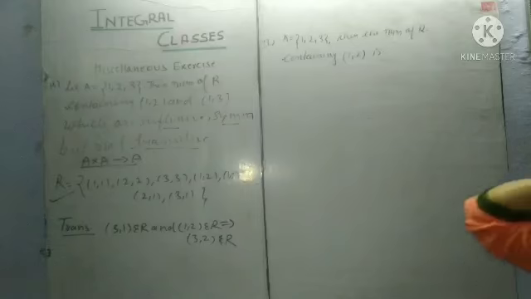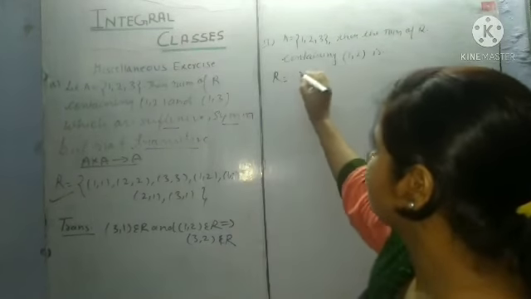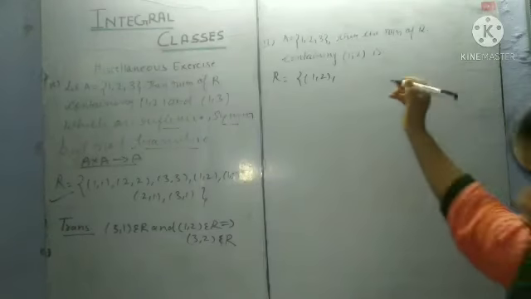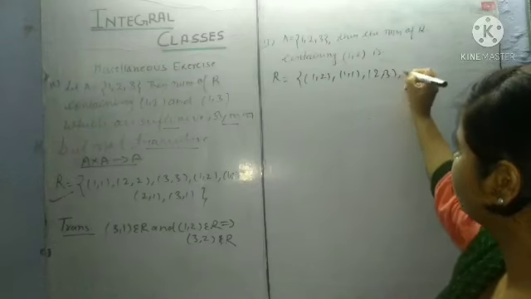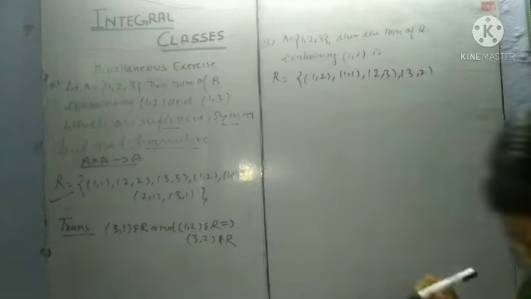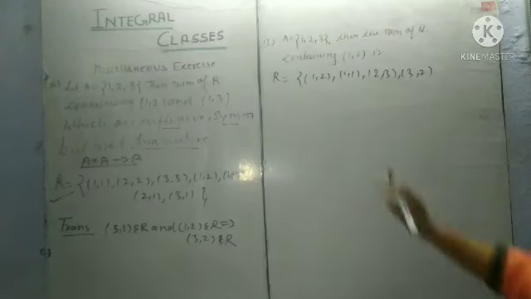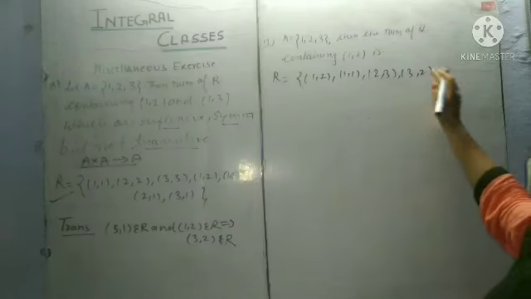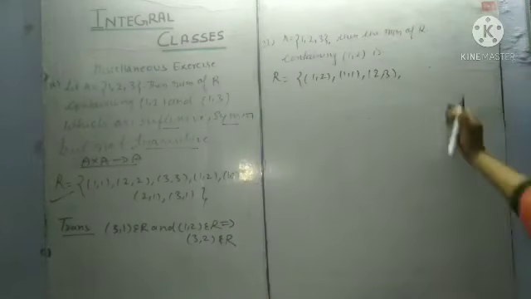So suppose the first relation is 1 2, 1 1, 2 3, 3 2, and it is said that it is an equivalence relation also. So for equivalence, it follows all the conditions. Suppose 2 3 is here.